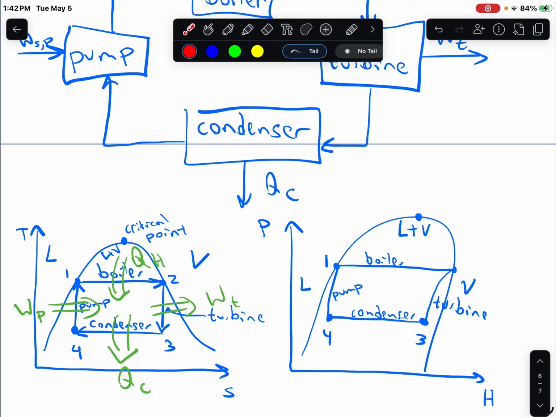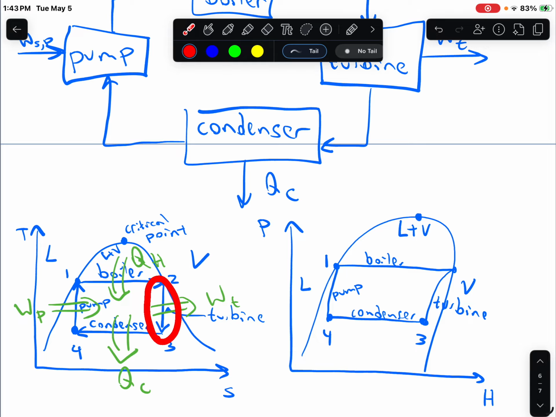For one thing, if I have constant entropy for the turbine and I start as a saturated vapor, what's going to happen is that as I move down at constant S, the amount of liquid in my vapor is going to increase.